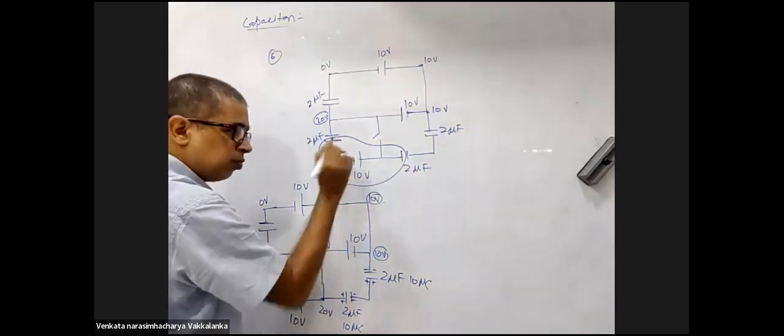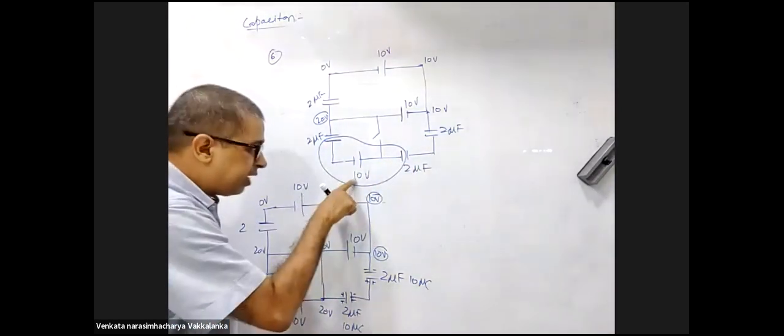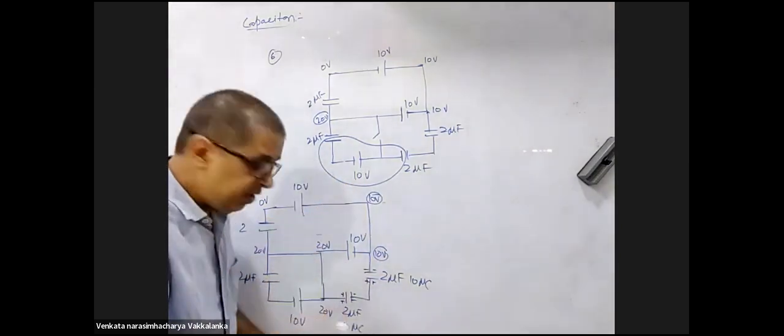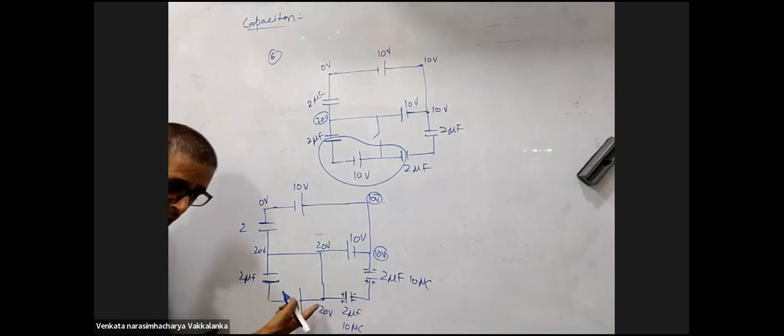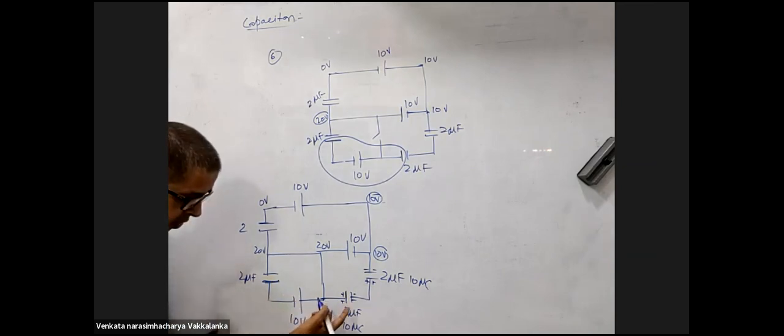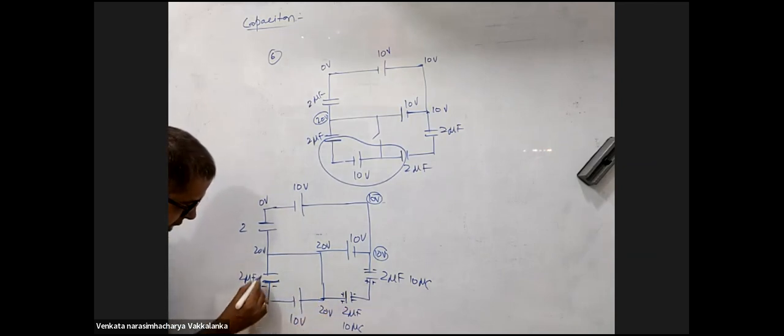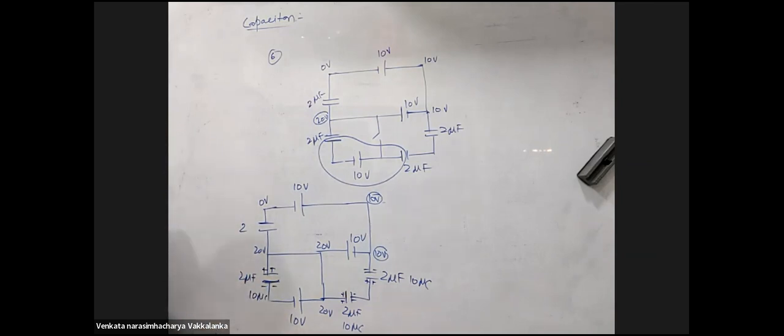Initially this and this was 0. Battery is neither a source nor a sink. Even now, this plate and this plate put together should be 0. If this is plus 10, this will be minus 10. This is 10 microcoulombs, but with negative charge.